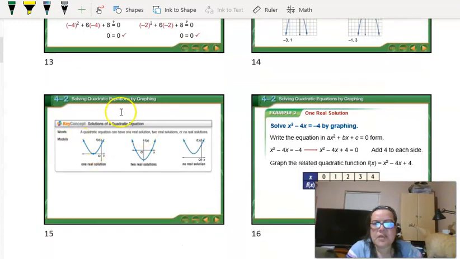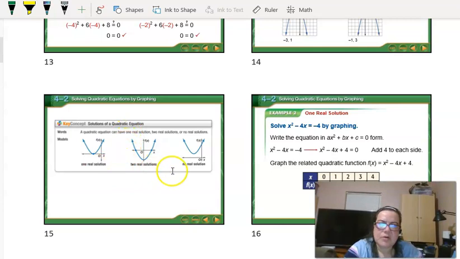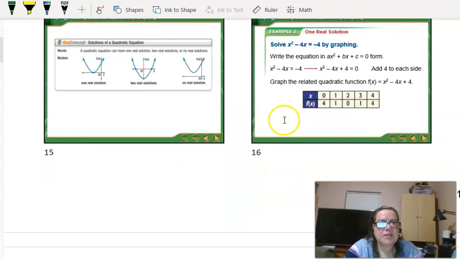Here is the information that I gave you for your notes. So whether you're going to have 1 root, 2 roots, or just no real solutions because the parabola doesn't even touch the x-axis, go ahead and practice those by graphing them.